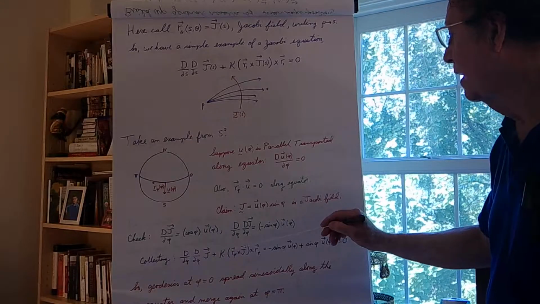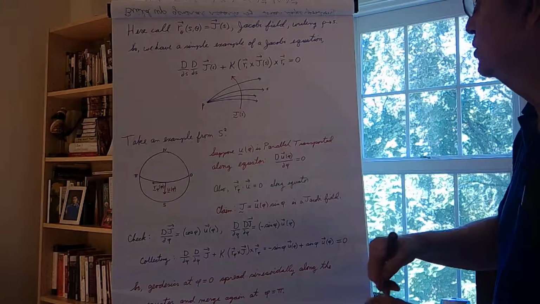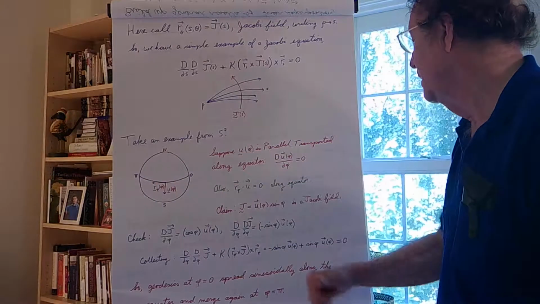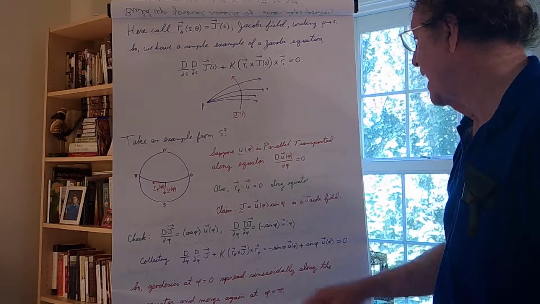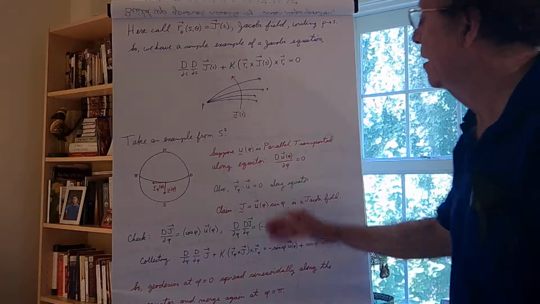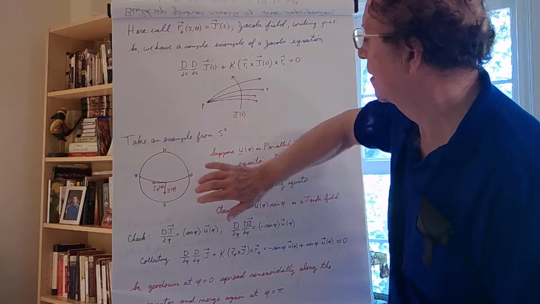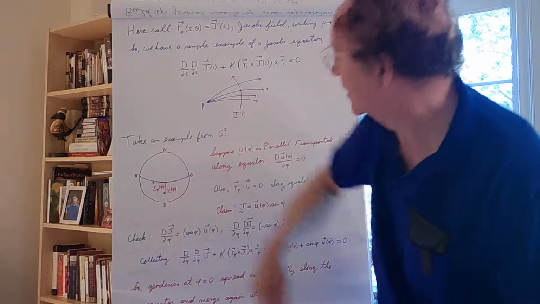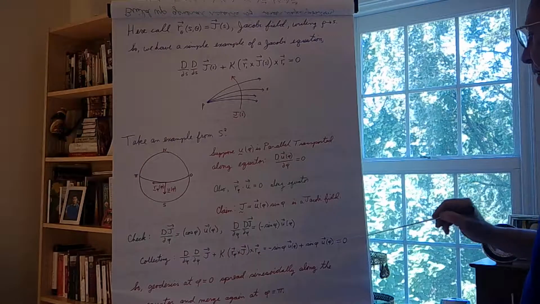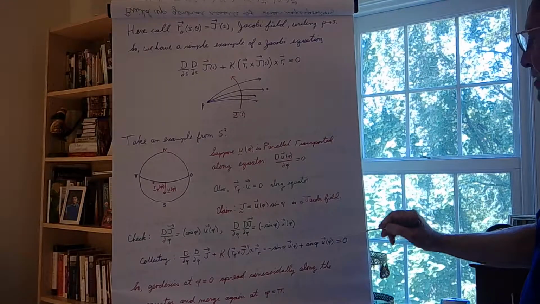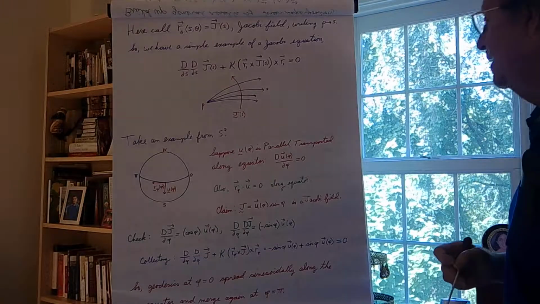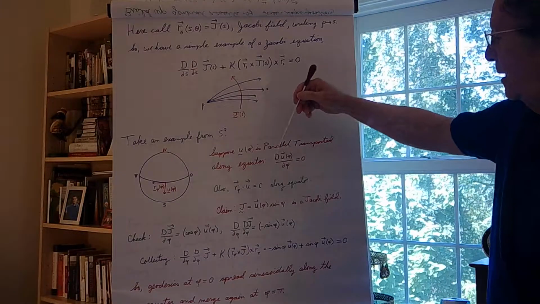Well, I have an R sub phi crossed into J. That's out of the picture, and then I have to cross that into R sub phi, out of the picture, cross it into R sub phi. That's in the U direction. So it reproduces the U direction, and so I have minus sine plus sine. I get 0.